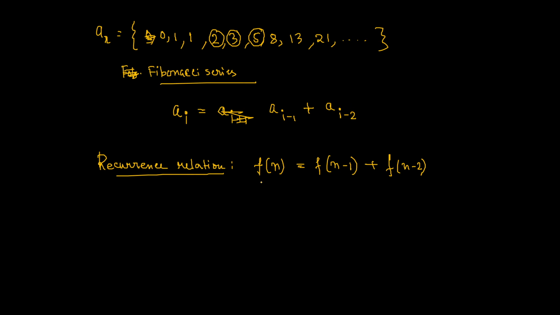Always remember, each and every recursive solution can be represented by a recurrence relation. What does recurrence mean? It means the recursive solution. Because within the word recurrence, if you extract a subword, we have recur.